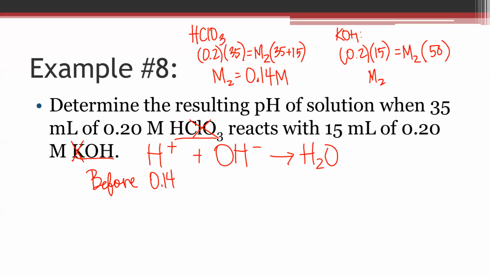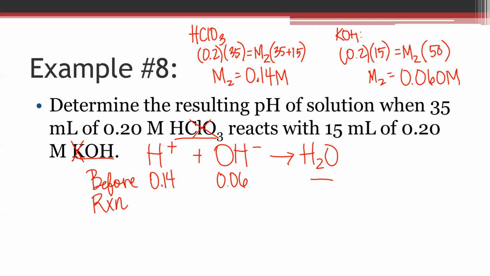So the new molarity of the KOH will be 0.06 molar. And water doesn't matter.